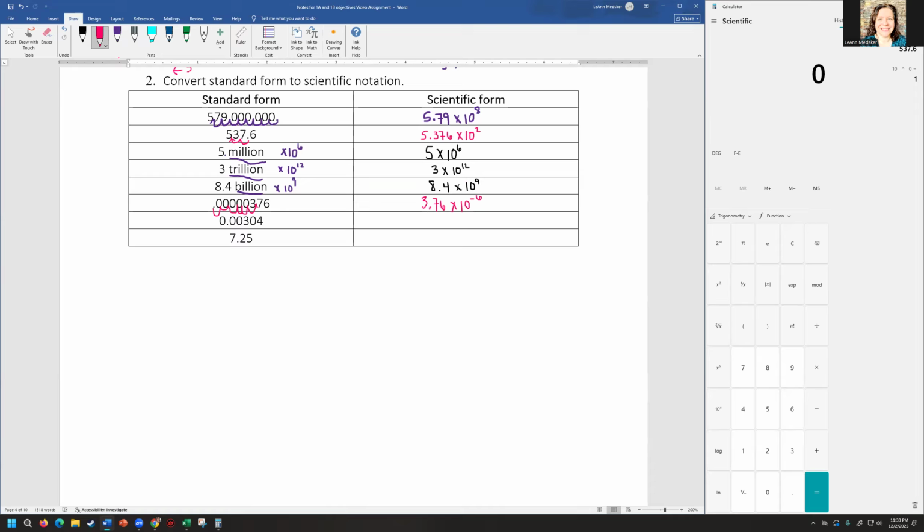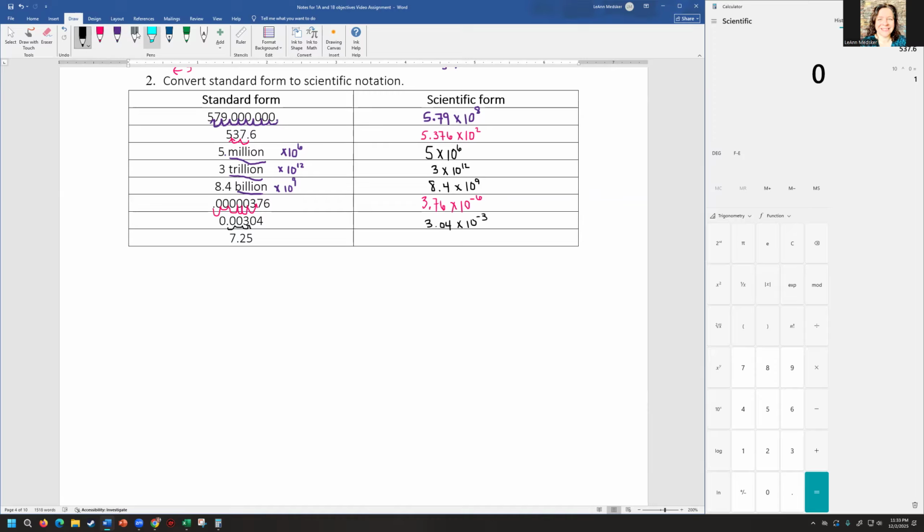Now, again, because this original number was less than 1, that is why we are getting a negative exponent in this scientific notation. For this one, we would need to move 1, 2, 3 places to the right. So this would be 3.04 times 10 to the negative 3. Again, original number is less than 1.